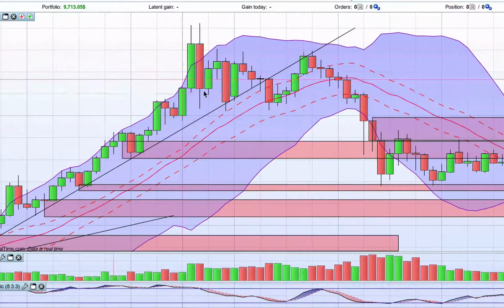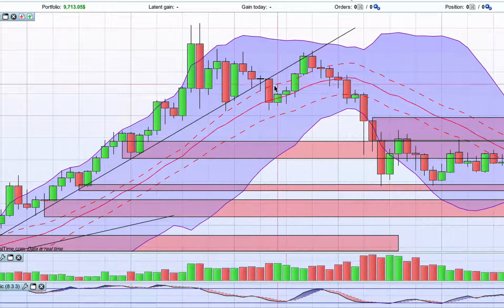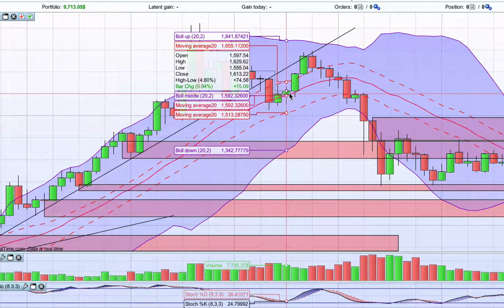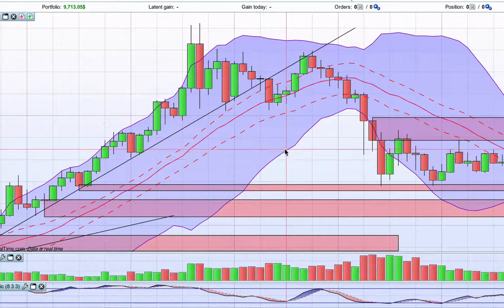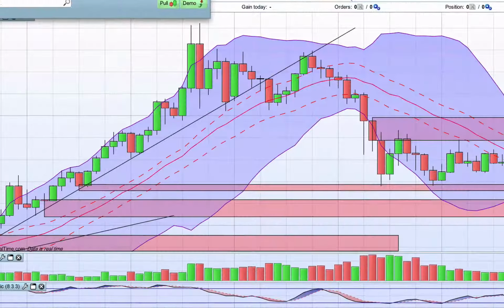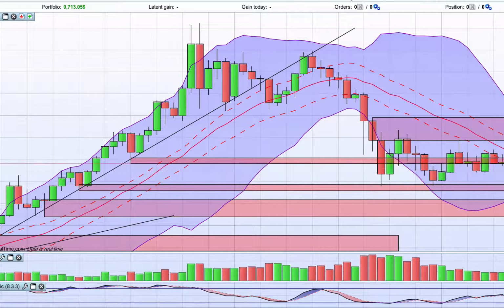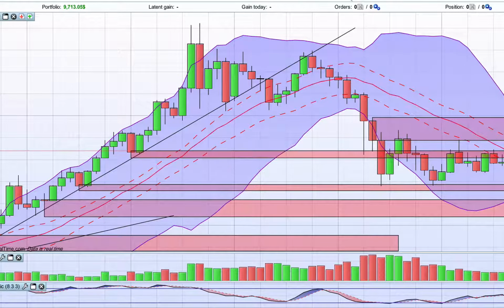Now, normally, when this line breaks, you don't necessarily want to buy here. You want to wait to see what this market is going to do. So based on that, you had a drop. You had a big penetration of the zone here. So automatically, you want to delete this zone and make this level like this, because this level was touched.